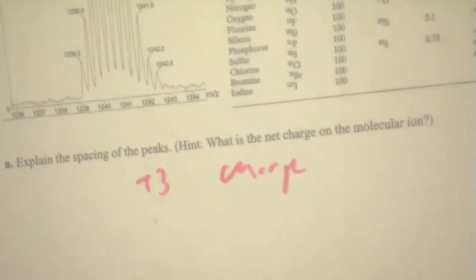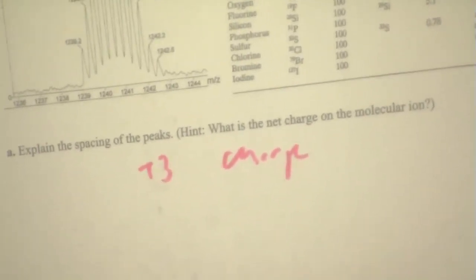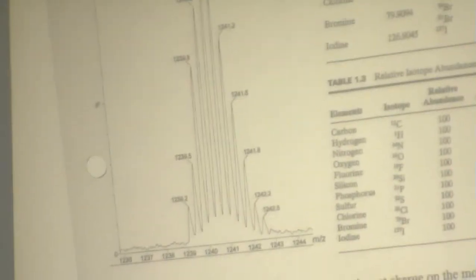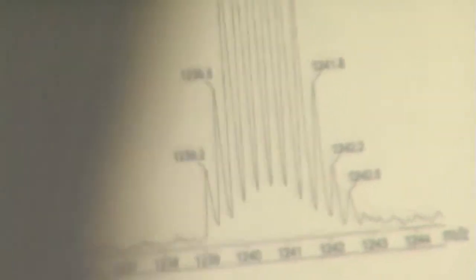What does that tell you about what we would call this species? How many protons is this picking up? It'd have to be 3. So the species that we are seeing here is M plus 3H, 3 plus.